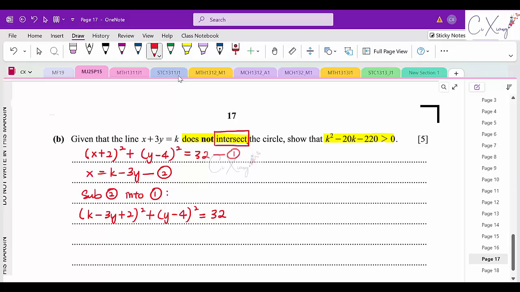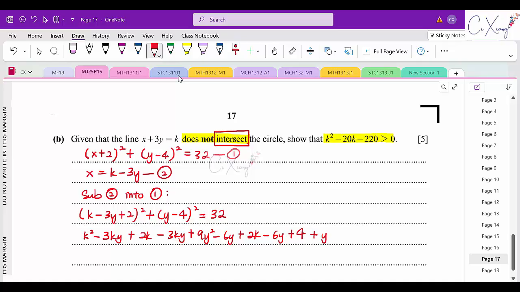Okay, we try to expand it. If you try to expand this whole equation here, by right you'll be having k squared, and expand it carefully, 3ky, 2k minus 3ky plus 9y squared minus 6y plus 2k minus 6y plus 4.